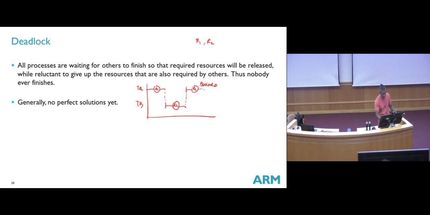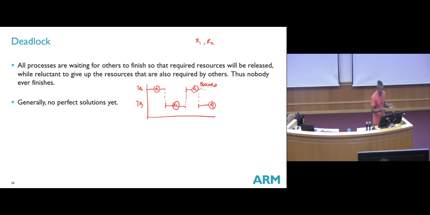Since task A is blocked, there can be a context switch and task B runs, and then task B says, hey, I want resource 1 now. But resource 1 is held by task A, and task A is blocked. And now task B is also going to be blocked. Then the whole system just hangs there until the battery runs out or it crashes and burns.